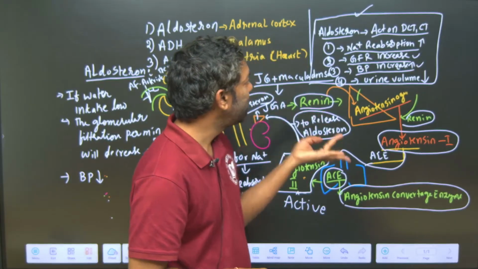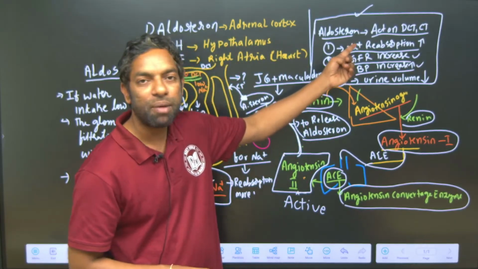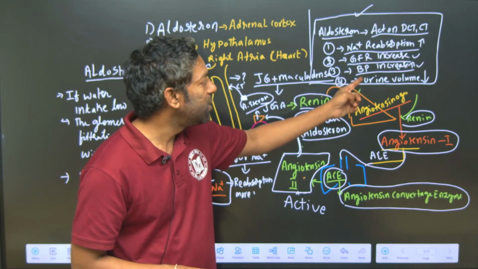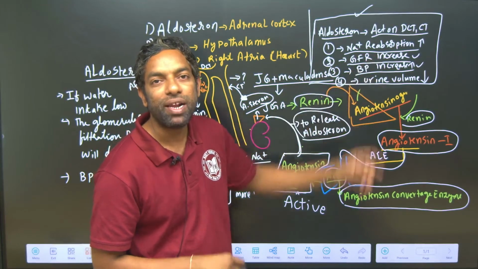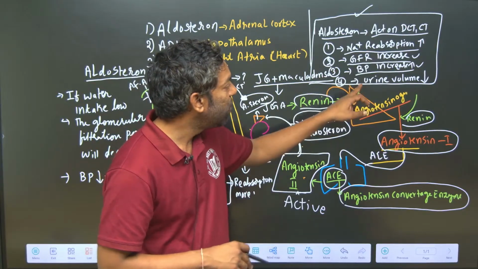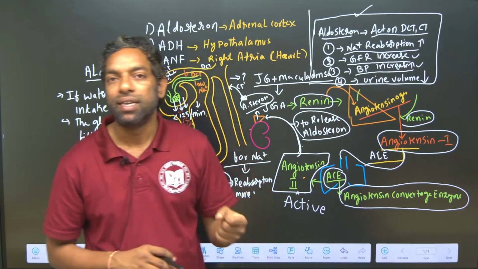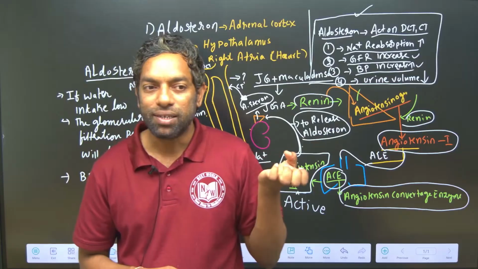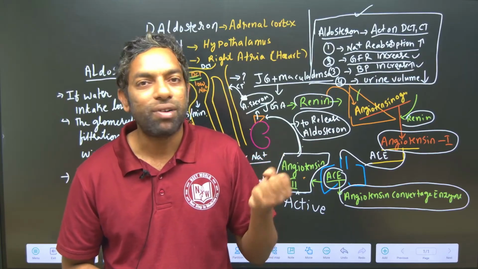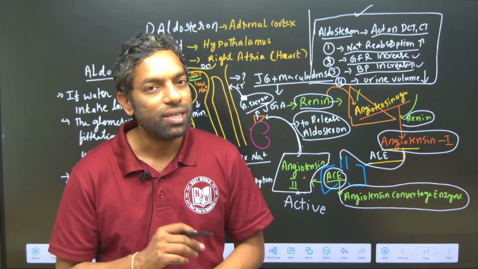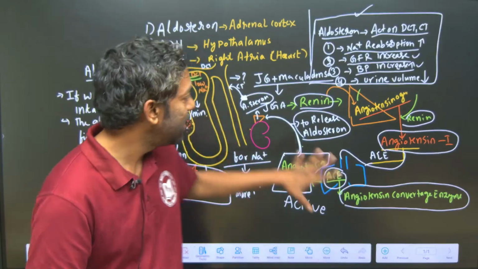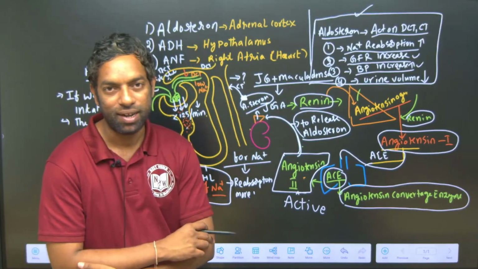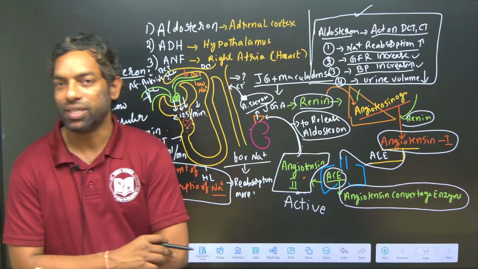So, aldosterone action: sodium reabsorption will increase, blood pressure will increase, GFR will increase, and urine volume will decrease. If sodium is reabsorbed, urine volume decreases. Okay, this is about aldosterone.